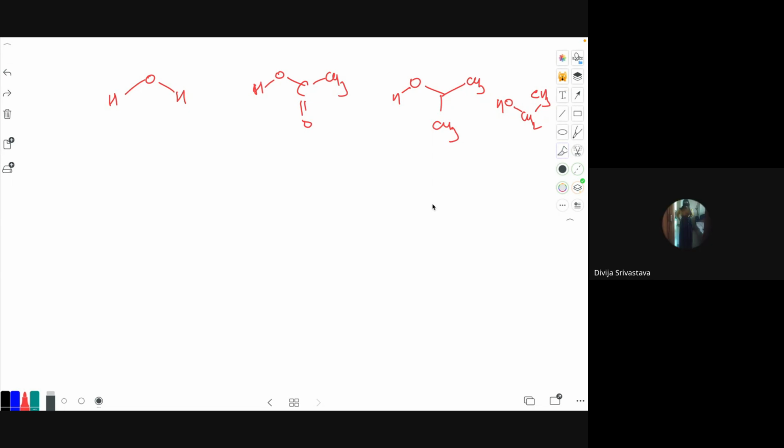You'll remove H and then you'll have the stability order. Okay, so what will you get? OH negative, COCH3 O negative, like this. O negative CH2 CH3.